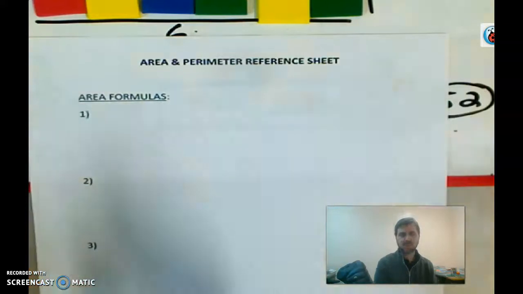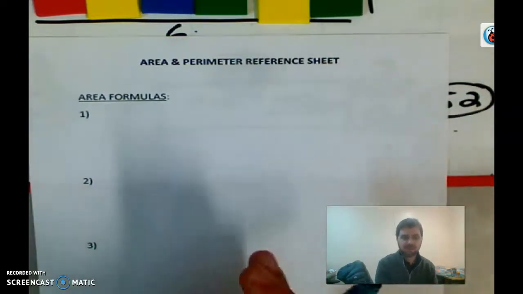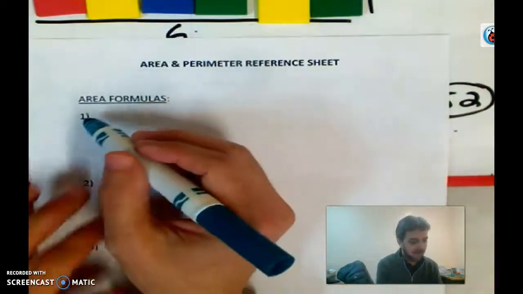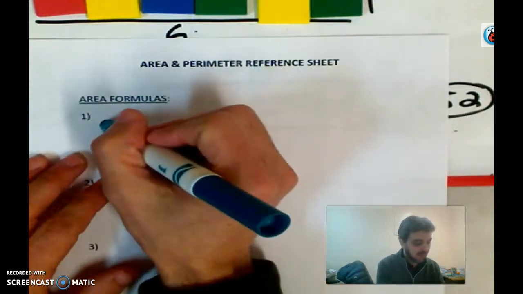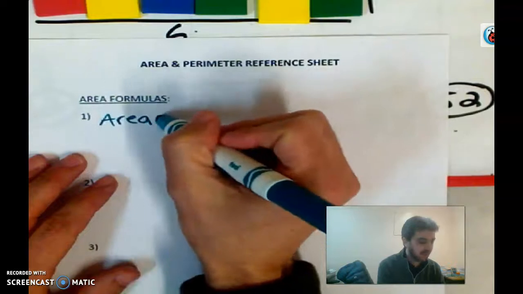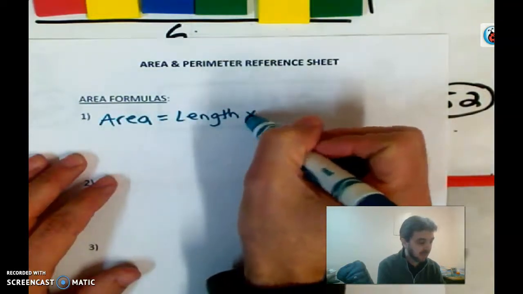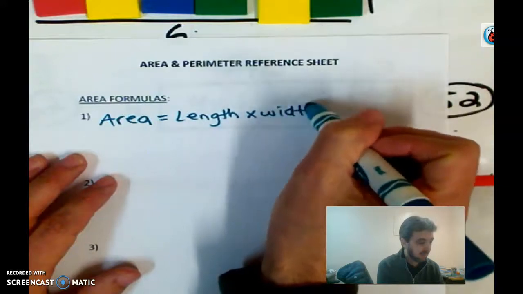And this is, again, boys and girls, just about rectangles, not circles or oddly shaped shapes. We're just talking about rectangles right now. The first one we're going to say is that area equals length times width.